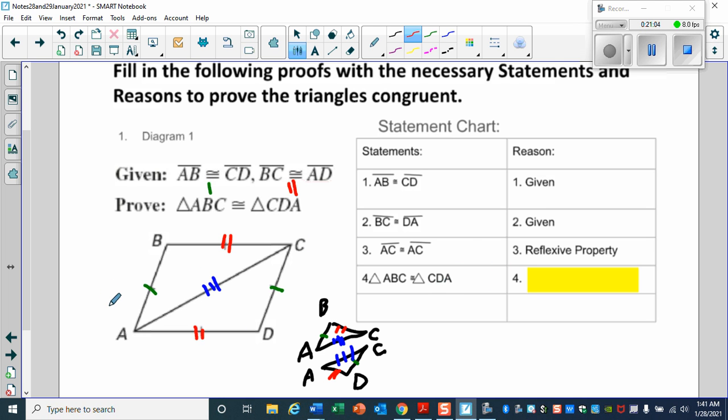From C to D to A, back to C. Which happened here, C to D, D to A went back to C. Similar to A to B, B to C, and then from C, you flip back to A. So this checks. So we've proven that the two triangles are congruent by side, side, side.